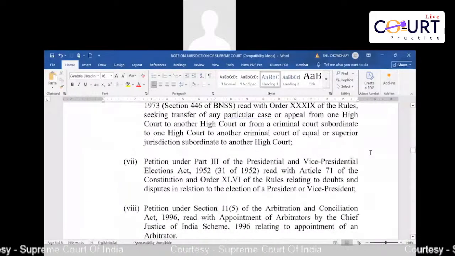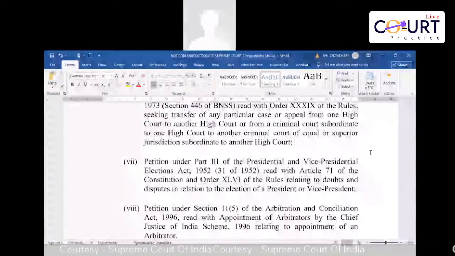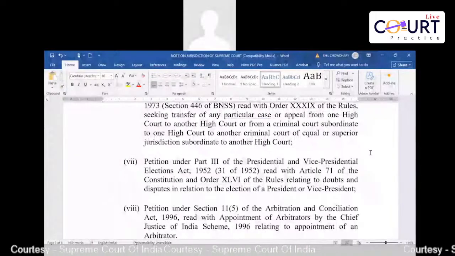Then we have petitions challenging the presidential and vice presidential election, read with Article 71 of the Constitution, and the relevant order is Order 41, which covers disputes relating to the election of a president or vice president.